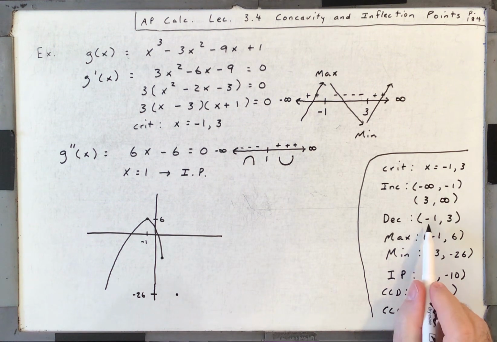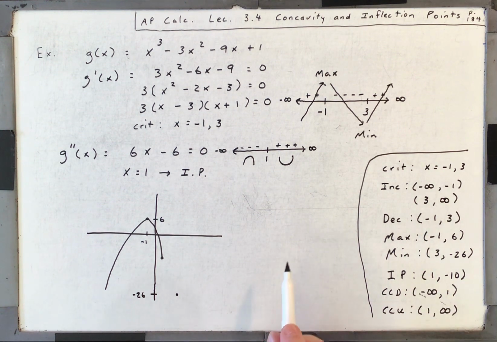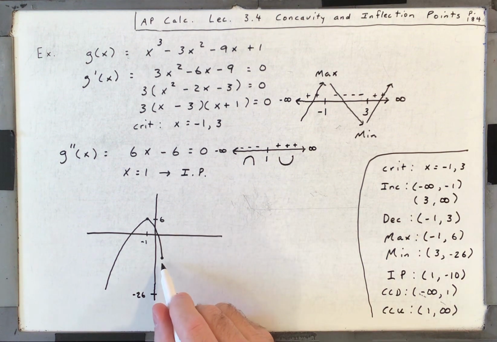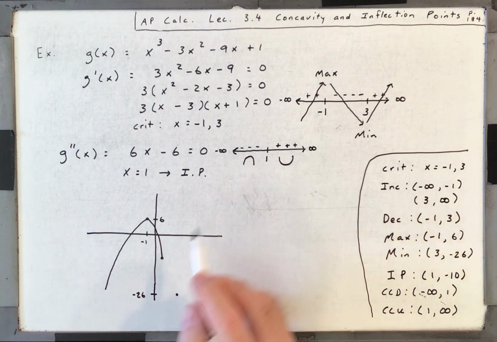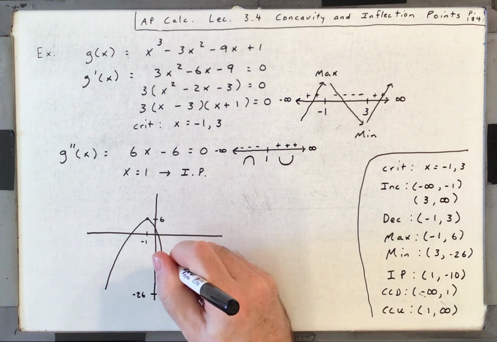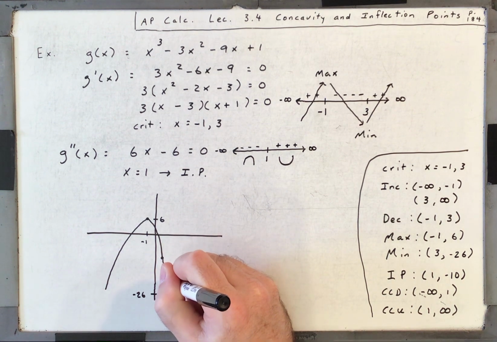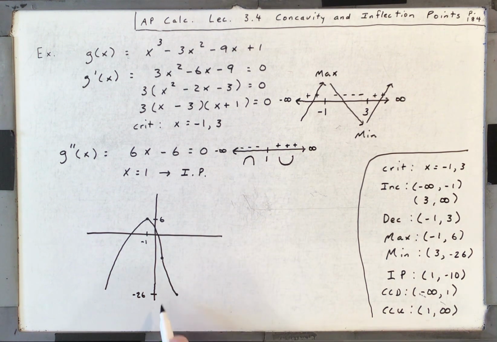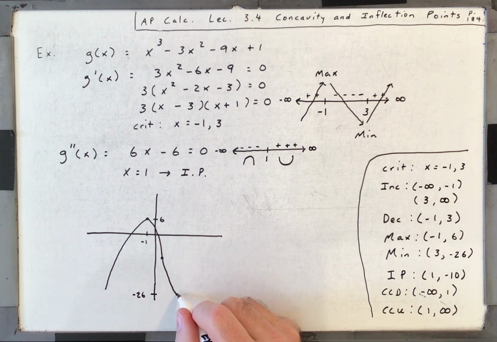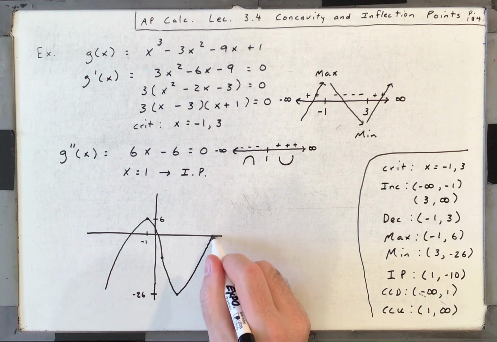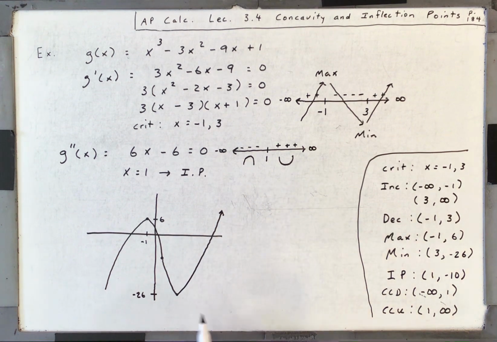We know it's decreasing between negative 1 all the way to here, but it's concave down until we get to 1, this point right here. Then it switches to concave up, and it decreases till we get to negative 26, and then starts increasing forever.